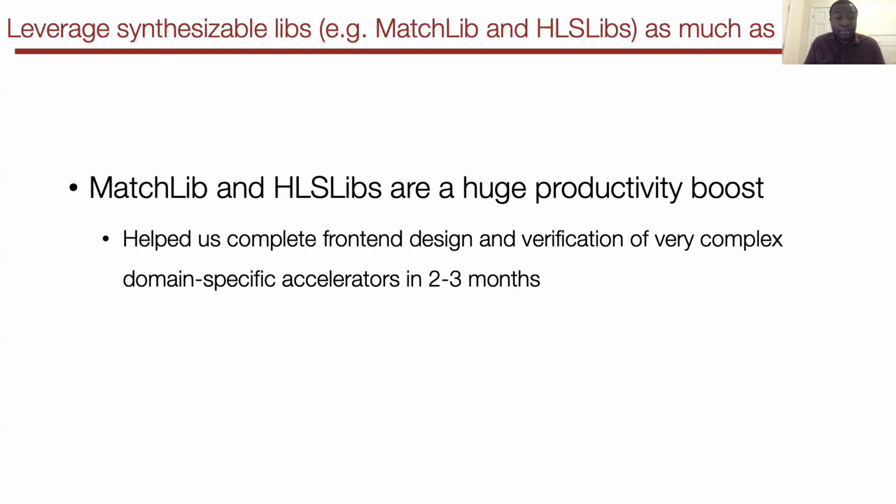We can definitely attest to the fact that these libraries played a huge role in helping us design and verify very complex accelerators in a matter of 2-3 months. So I definitely encourage leveraging synthesizable libraries such as MatchLib as much as possible.